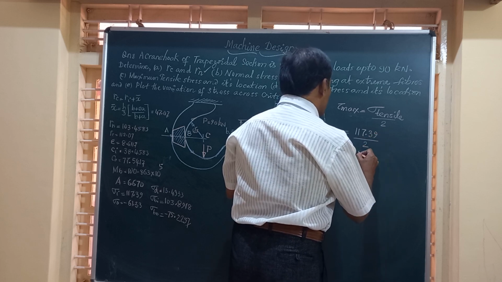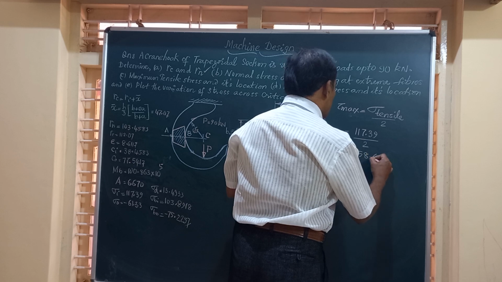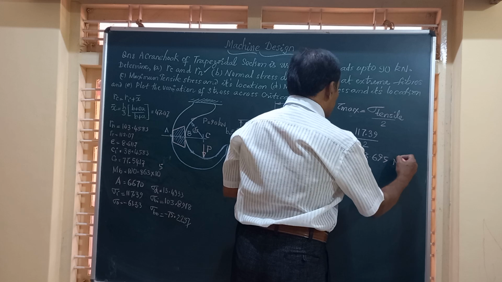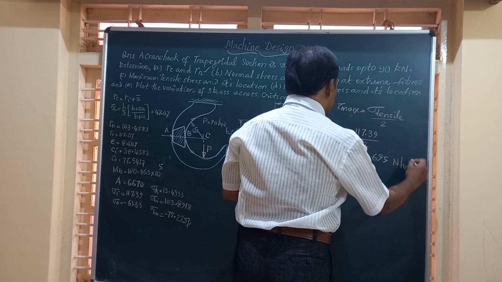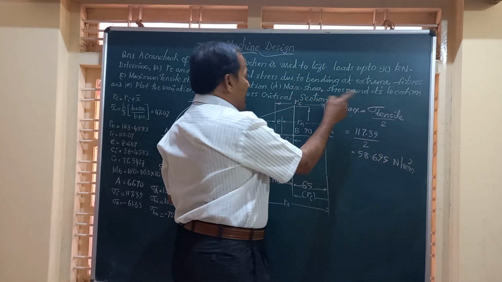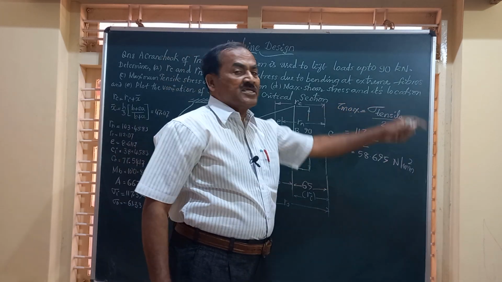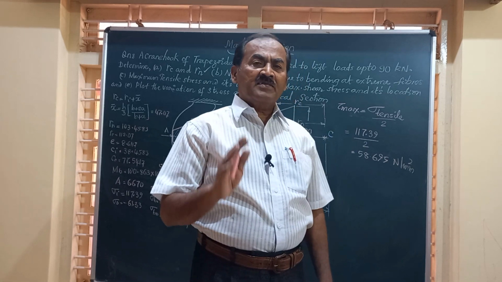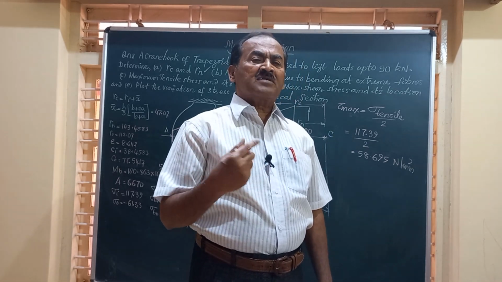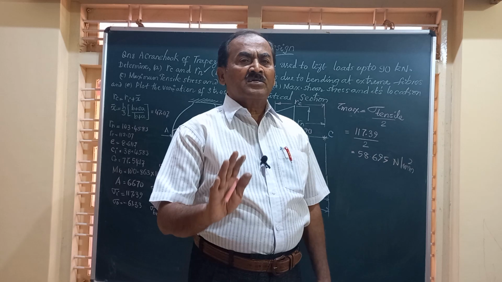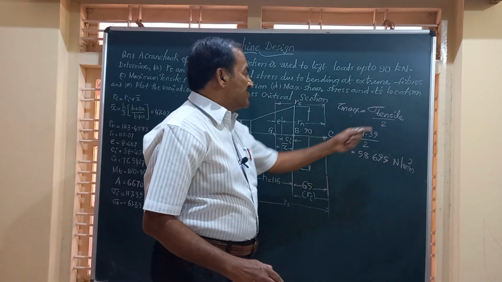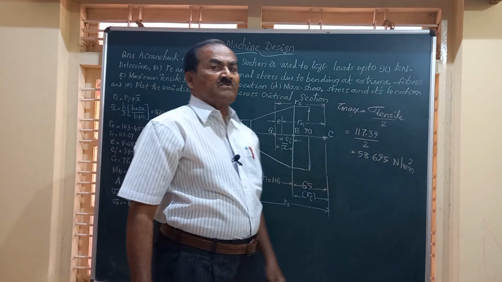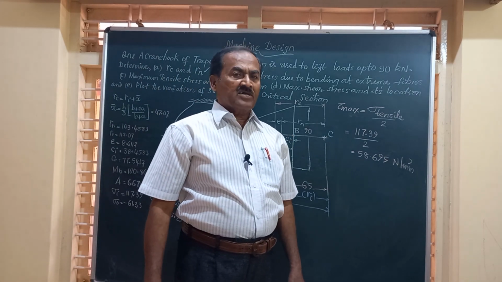So that works out to 58.695 Newton per mm square. This is the value of the maximum shear stress and its location. The maximum shear stress occurs at the point where the maximum tensile stress occurs. That is, this value of maximum shear stress occurs at B, that is the inner fiber of the critical cross section.